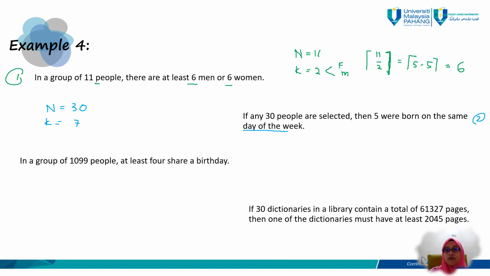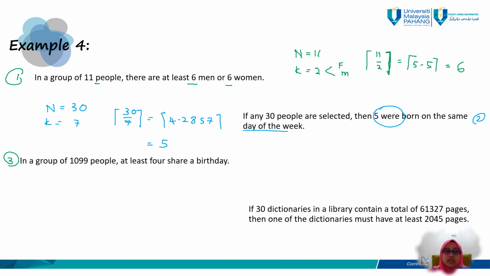By using the formula, 30 divided by 7, you will have 4.2857. So we round off to the largest integer, so we will have 5. So this is the correct answer. Okay, the next example, number 3.